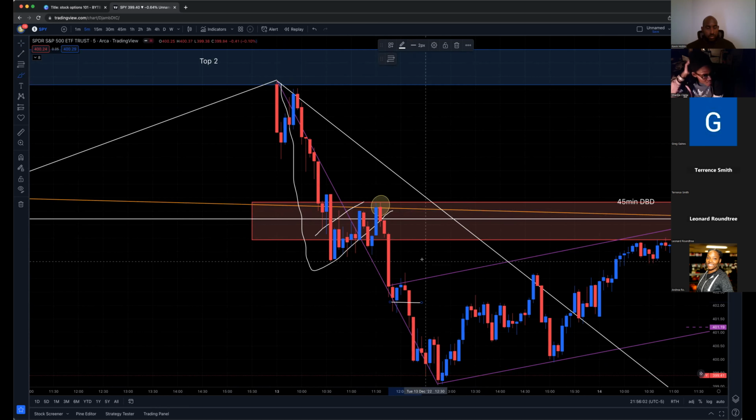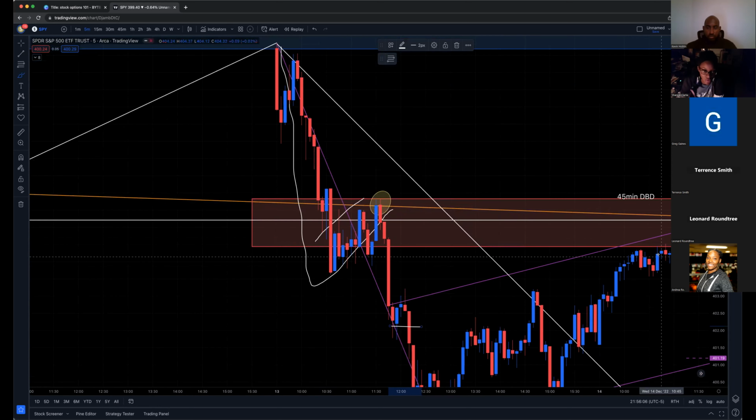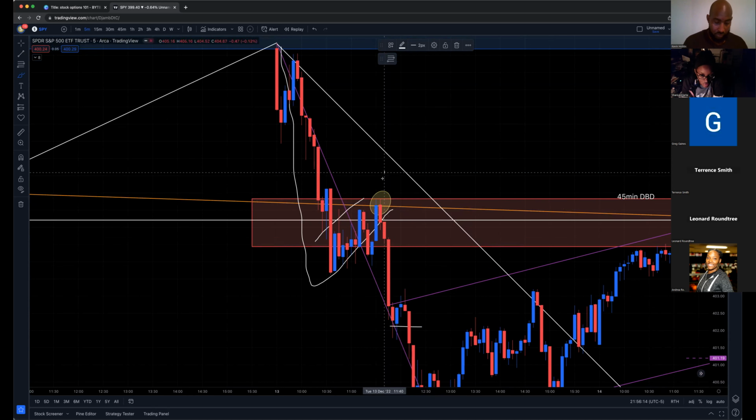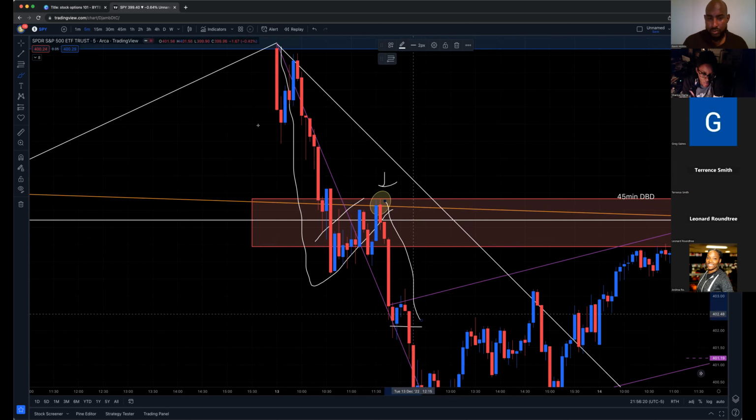You obviously want to see if anything else lines up. We'll tell you if it's a good area to get into, but just for your own understanding, you want to see if there's anything else that lines up, and you could have entered here, right? If you missed the first one, I believe someone did enter here yesterday and they still ended up able to make money and rode it down to where the rest of us probably took profit.